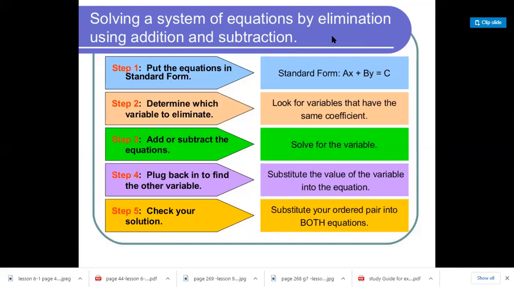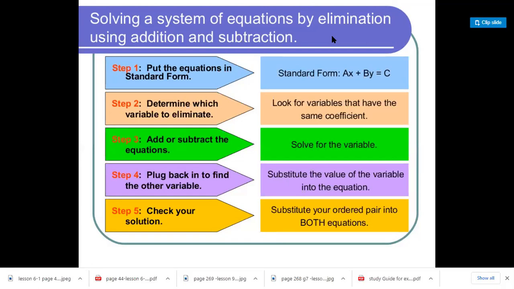We are going to follow them to answer the question. Number 1, put the equation in standard form. Let me remind you, what is the standard form? The standard form is ax plus by equals c. So if you find that the equation is written in slope-intercept form, you are going to rearrange it to write it ax plus by equals c.